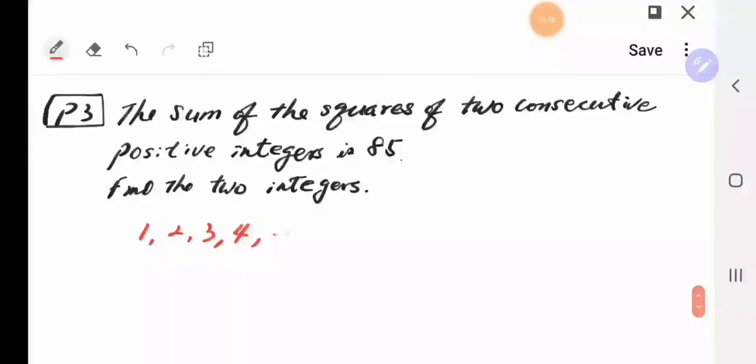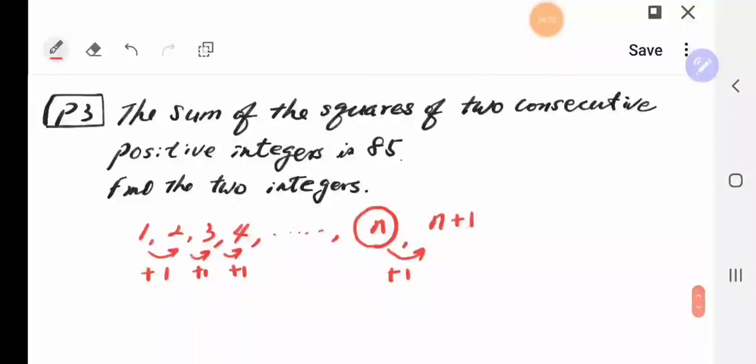So if you keep going, then let's say n. Okay, so this means the next integer will be 1 more than the previous number. Always 1 more than the previous number. So let's say the first positive integer is n. Then next one will be what? 1 more than this one. So it will be n plus 1.